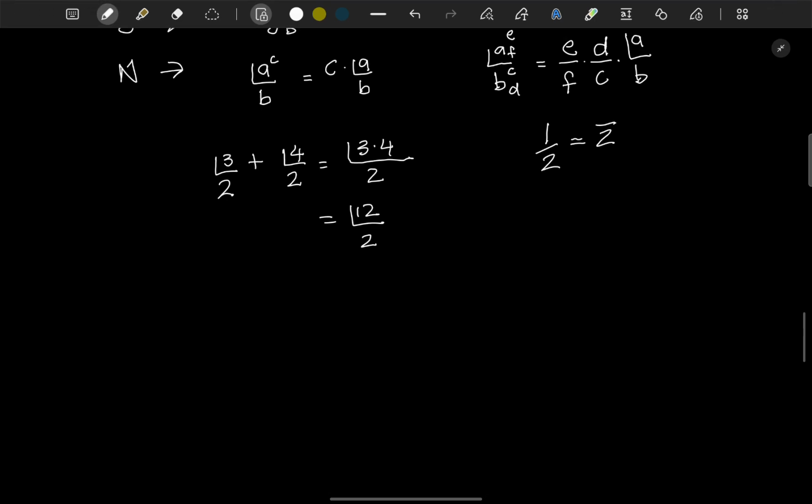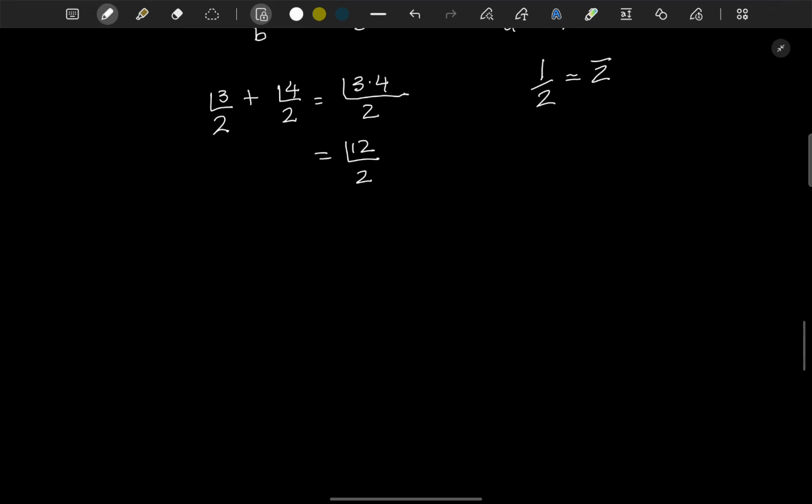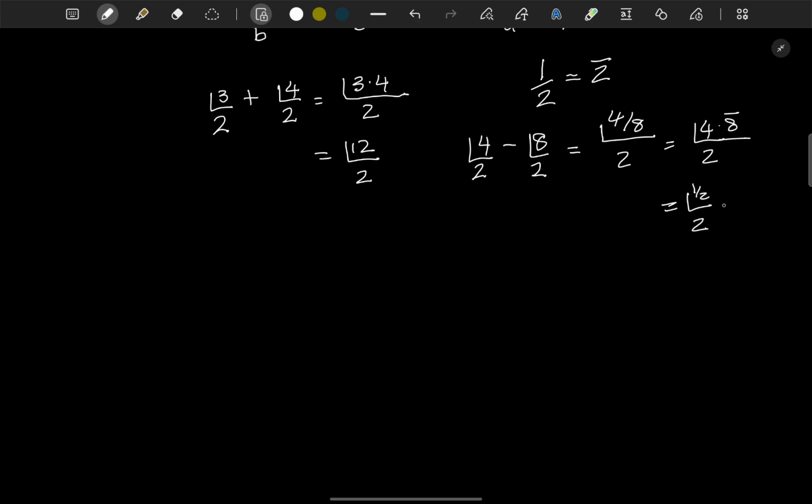And with negatives, we would have log 2 of 4 minus log 2 of 8, for example, equals log 2 of 4 over 8, or log 2 of 4 times per 8, which equals log 2 of 1 over 2, or log 2 of per 2.